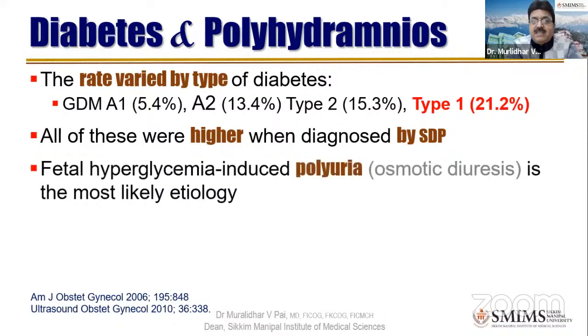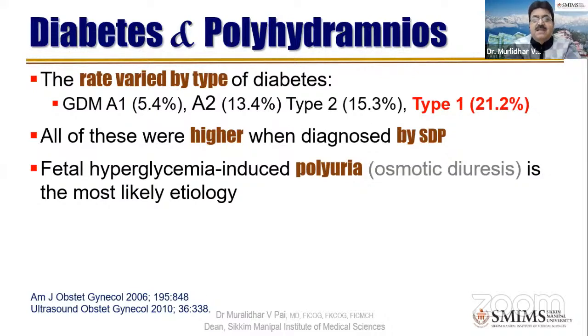Fetal hyperglycemia-induced polyuria. The reason why diabetes will have polyhydramnios is through polyuria. All of us know in diabetes there is polyuria because when the sugar is lost through the urine, it will drag along water with it, isn't it? So there is osmotic diuresis.